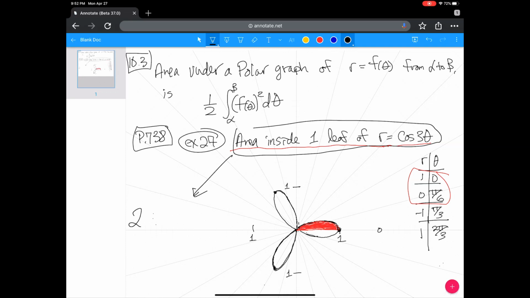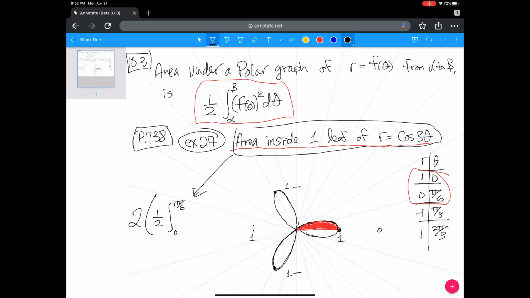And using this formula, I would do 2 times 1/2 the integral, and alpha to beta is 0 to pi over 6.